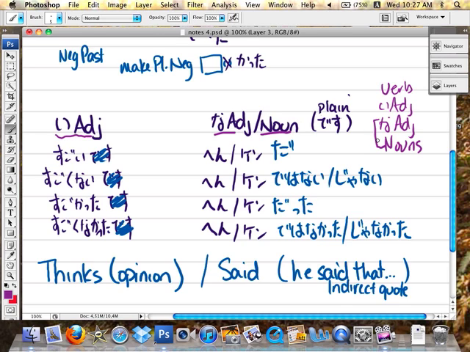And you know you're dealing with an adjective when you look at it because it has a desu at the end. So if you look to the end of your sentence and you see a desu, now you have to think, is it an i adjective or is it a na adjective or noun? Then when you know, you make your decision. And only if it's a na adjective or noun do you start putting those das and de wa nai and datta and de wa nakatta in. All right.